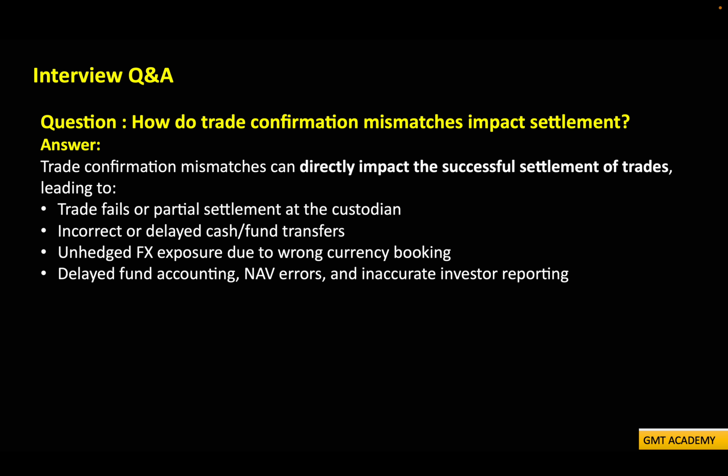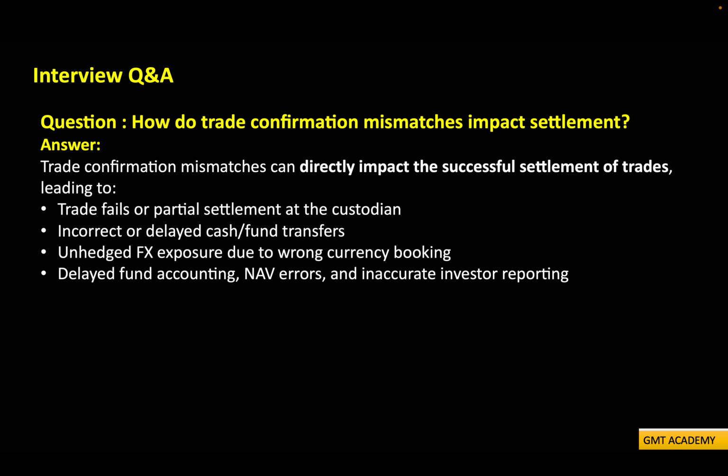They will ask how a trade confirmation mismatch impacts the settlement. You can answer in bullet points: a trade confirmation mismatch can directly impact the successful settlement of a trade, leading to a trade fail or partial settlement at the custodian.